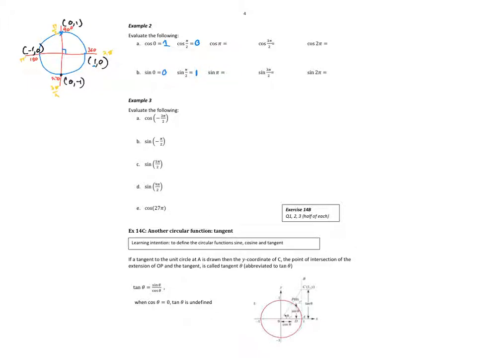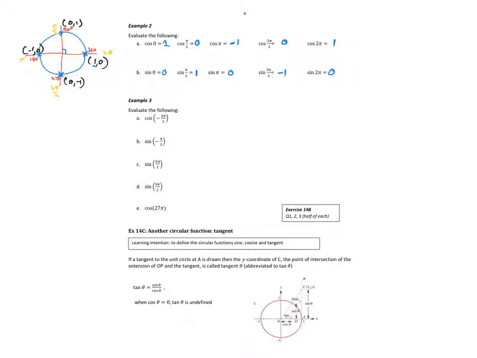Cos of pi, well, pi is over here, and at that point my x value is -1, my y value is 0. 3 pi on 2 is down here, where my x value is 0 and my y value is -1. And at 2 pi, I'm back to the start again, where my x value is 1 and my y value is 0.